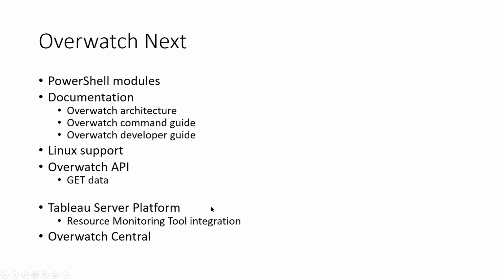And I say centralized because right now for Tableau Server, Overwatch has to be installed on the initial node. I don't have it to the point yet where it could be on a separate server and then communicating with either remoting or agents in order to do that work. So that is something that I would like to get to.